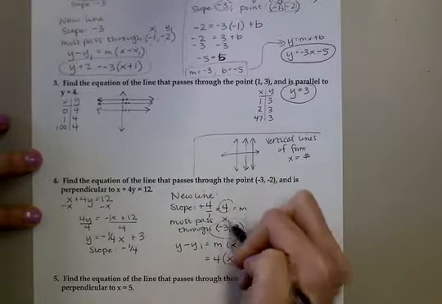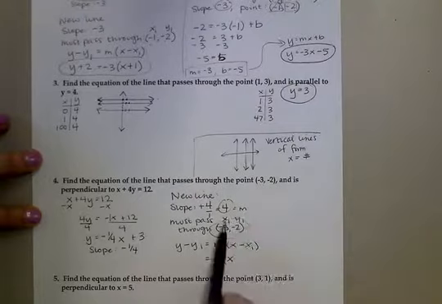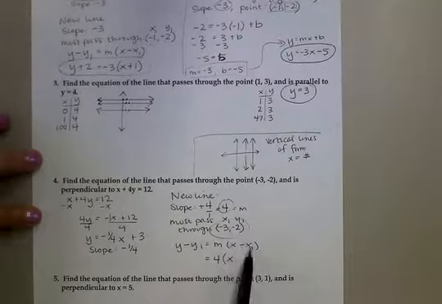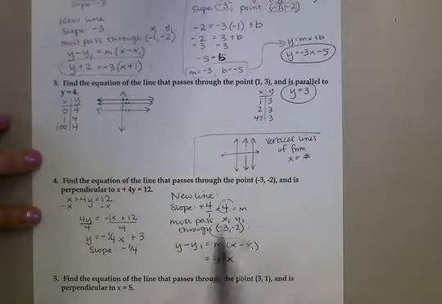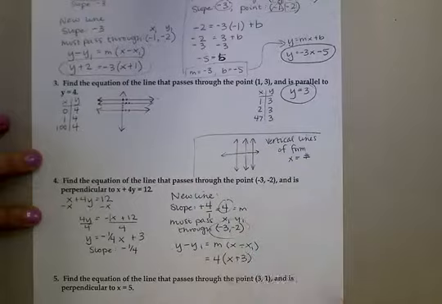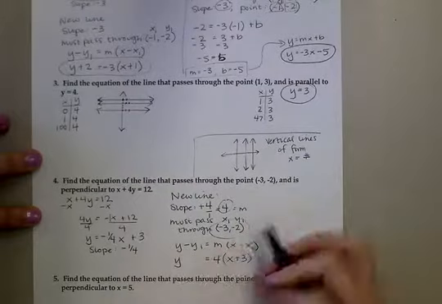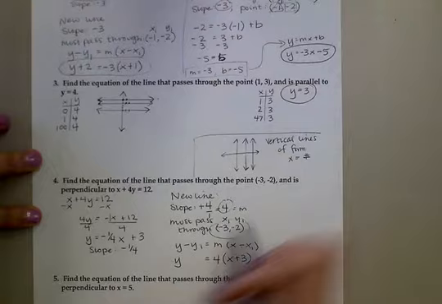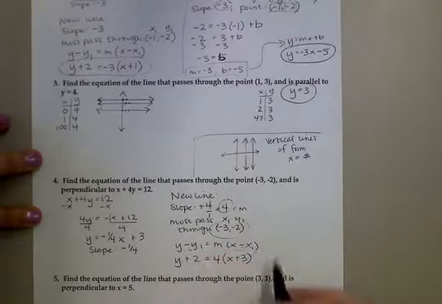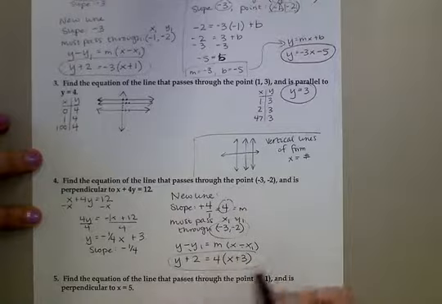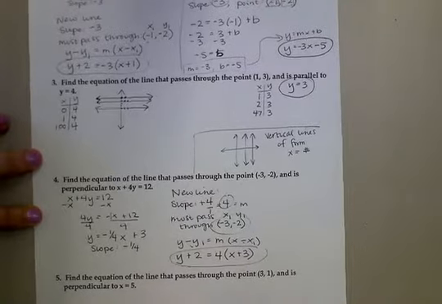Our x1 is -3, so subtracting x1, minus -3, is the same as plus 3. And our y1 is -2, so subtracting y1 means subtracting -2, which is the same as adding 2. And there we are, there's the point-slope form.